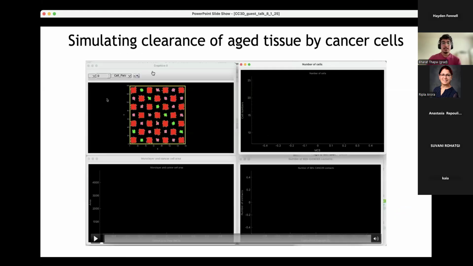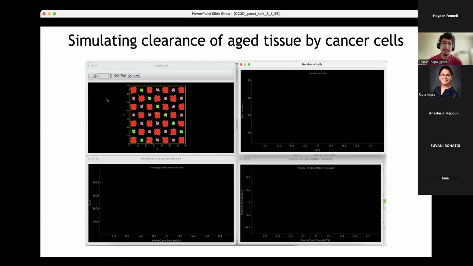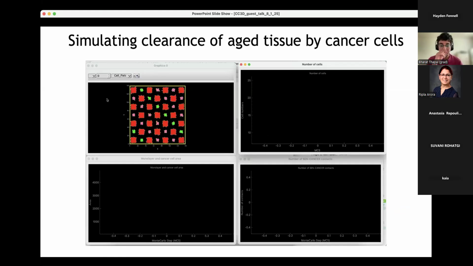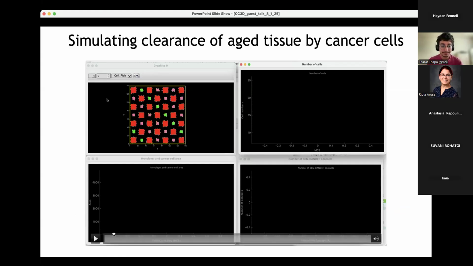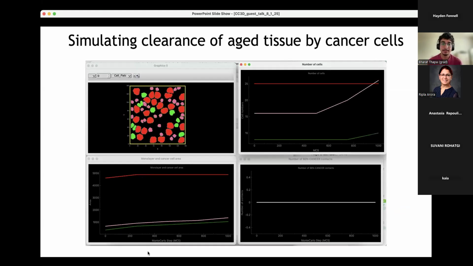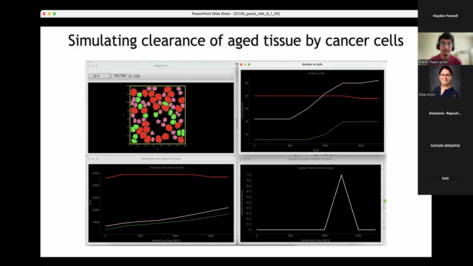Awesome. I'm just going to play a screenshot of what will pop up when you run the CompuCell3D code. Let's see if it goes through fully. Okay, good.